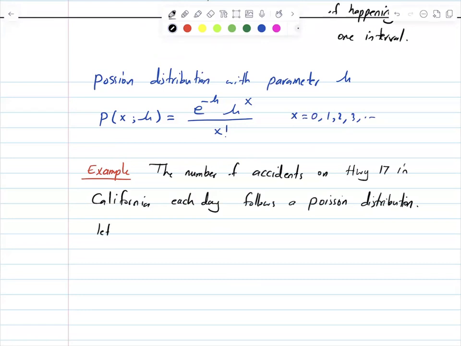Let mu be equal to 3. So this is the average of happenings in one interval, which is one day. Question is, what is the probability of having no accident?